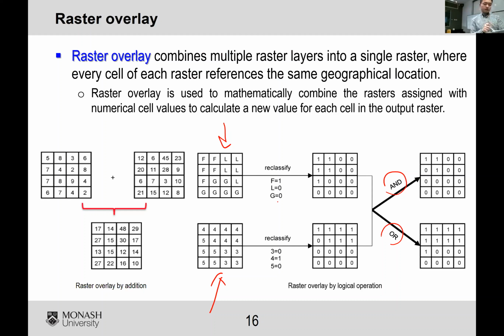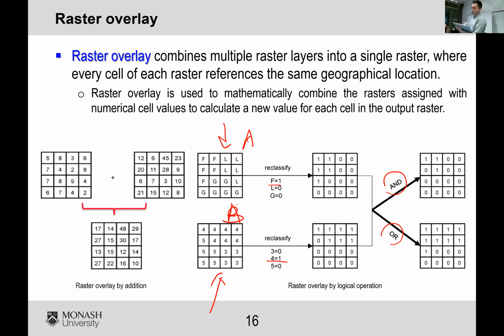In this case, we only care about the cells that have the F value from raster A, and also have the value of 4 in raster B.